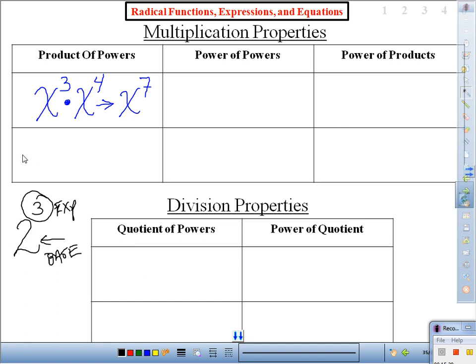All right, let's show it with numbers now. 2 to the third times 2. Let's see what you get. We don't add the 1, we write 1 there.